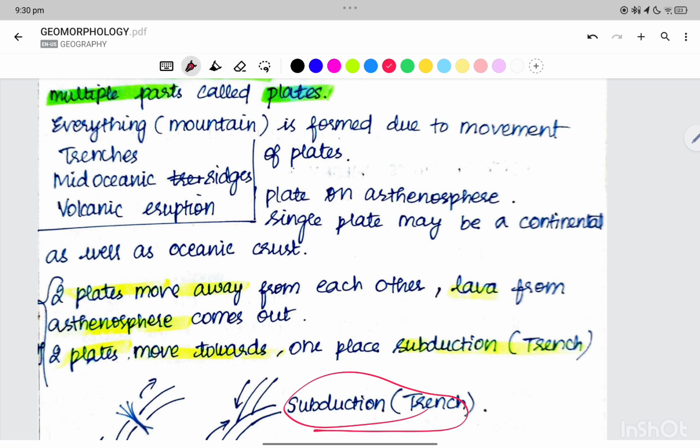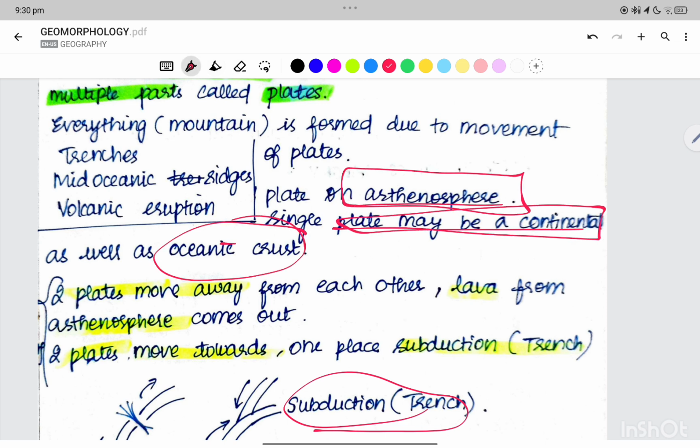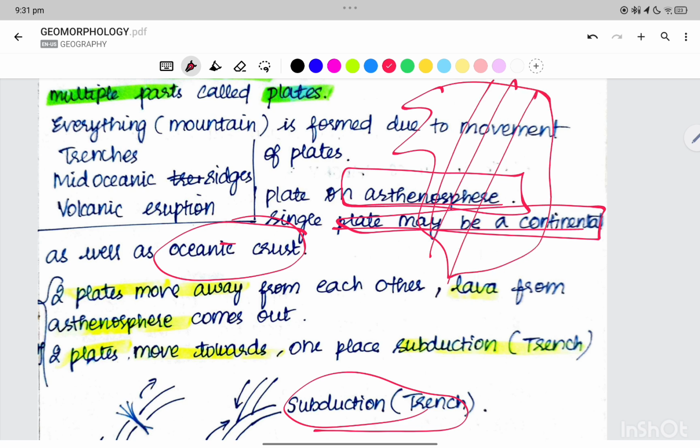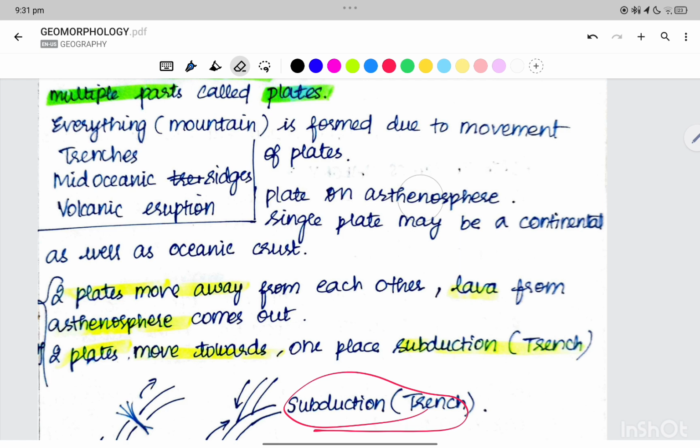The plate is on the asthenosphere. A single plate may consist of both continental as well as oceanic parts.